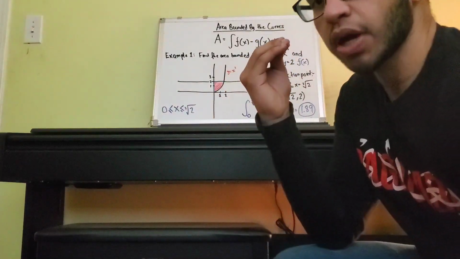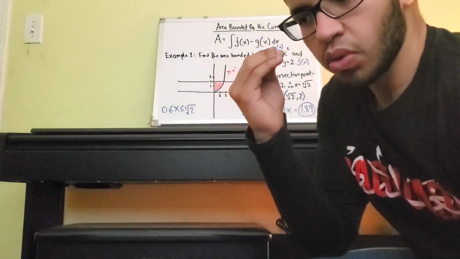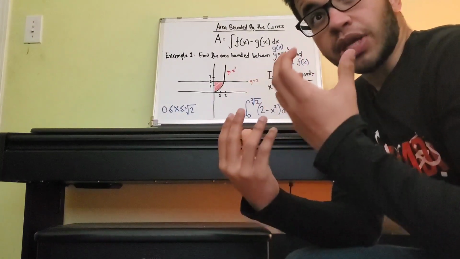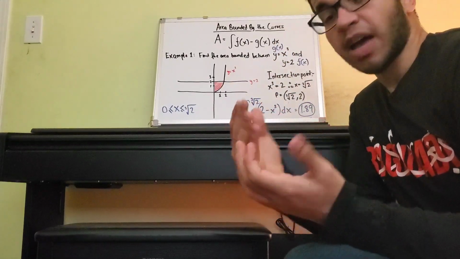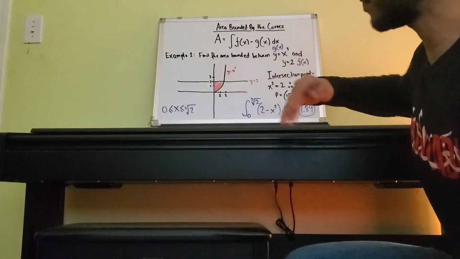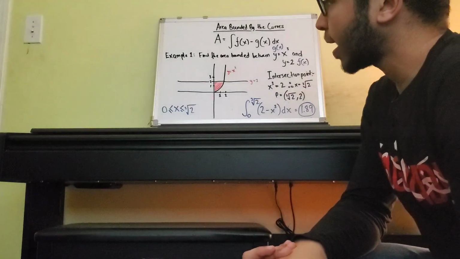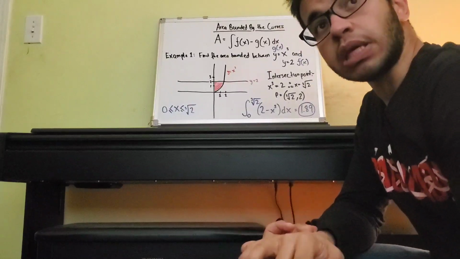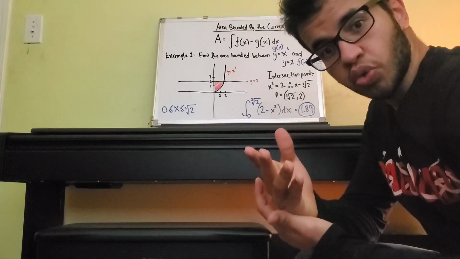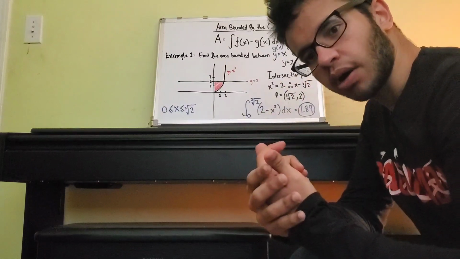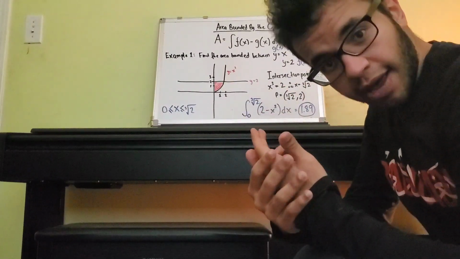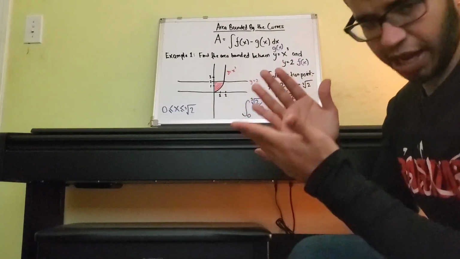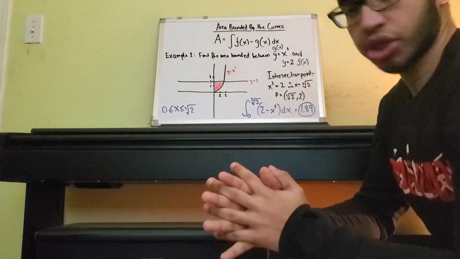The intersection points are very crucial because you're not always going to be dealing with one area, but sometimes you have to cut areas in half, and that can be a bit tricky. So I will be definitely showing you guys more examples of situations where you have to find multiple areas depending on certain cuttings and all that good stuff.